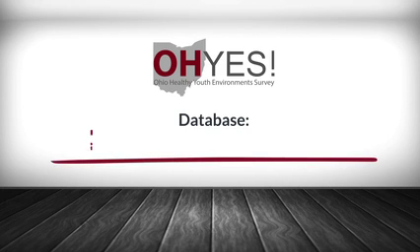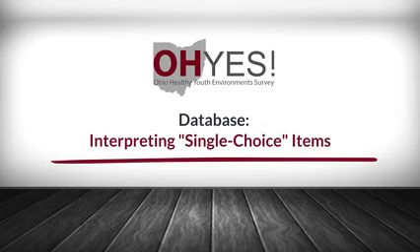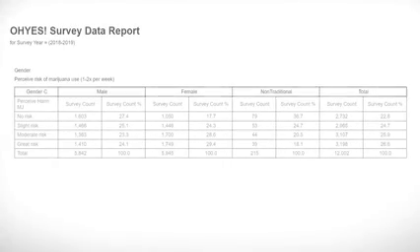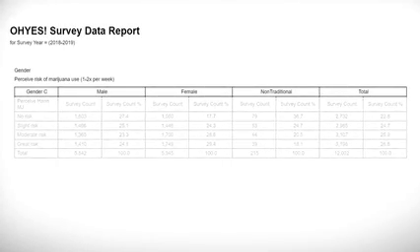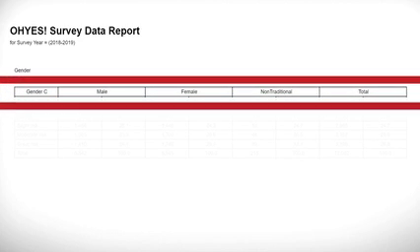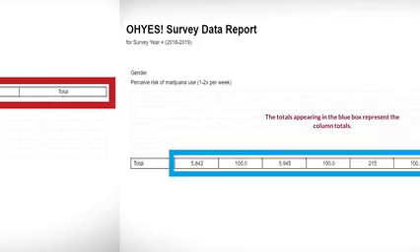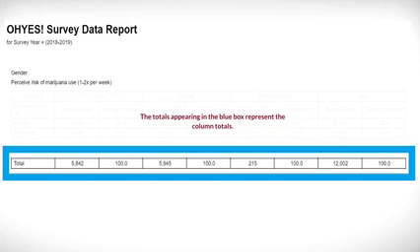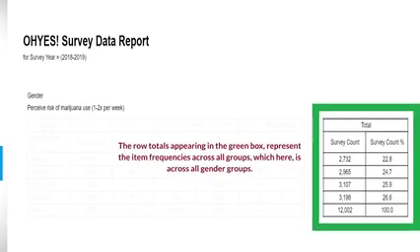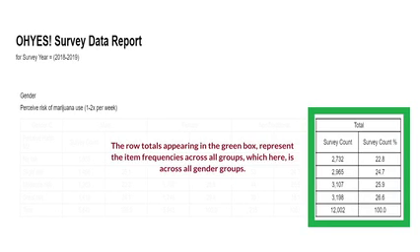Database. Interpreting single-choice items. Data warehouse single-choice tables are similar to the report single-choice tables. The column header at the top of the table, appearing in the red box here, indicates what is being reported for each column. The totals appearing in the blue box represent the column totals. The row totals appearing in the green box represent the item frequencies across all groups, which here is across all gender groups.